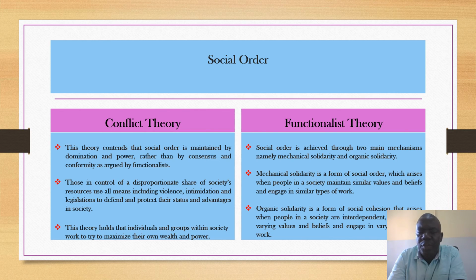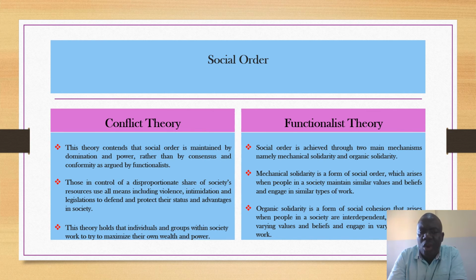Conflict theory believes that order in society is maintained by force, by coercion, and by intimidation by the ruling class, that the ruling class lord over to the masses and the poor, and they are forced to abide by the demands of the ruling class.